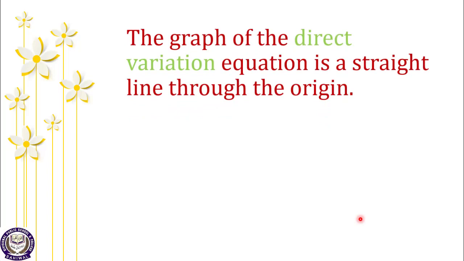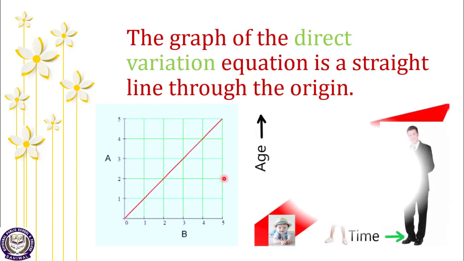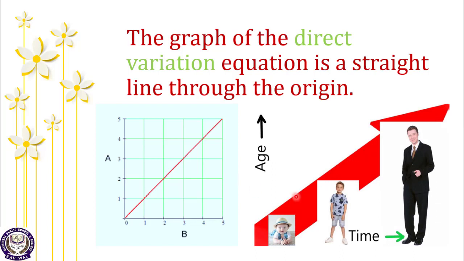The graph of the direct variation equation is a straight line through the origin. As we can say that if A varies directly with B, their graph should be a straight line that passes through the origin. We can also understand this by age and time.